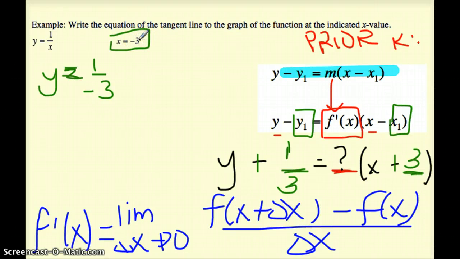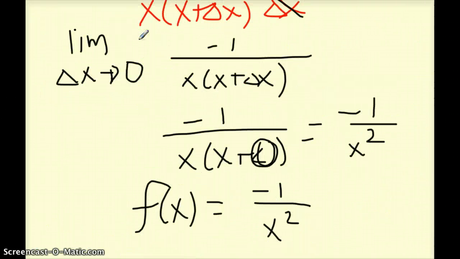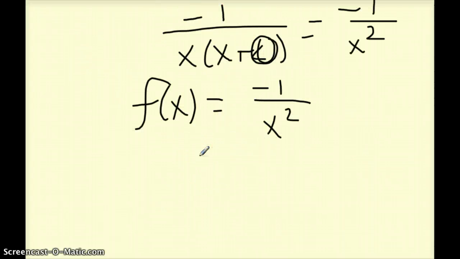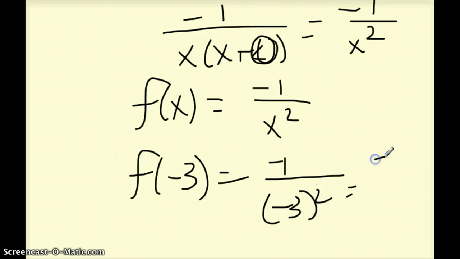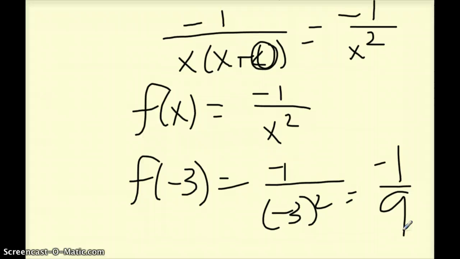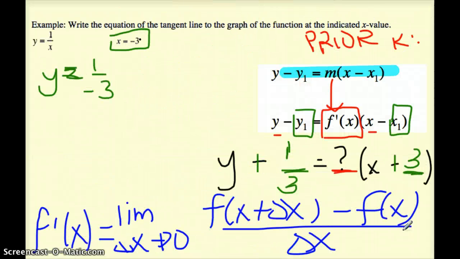I'm going to look at this when x is equal to negative 3. So I'm going to just finish this off and say f prime of negative 3 is equal to negative 1 over negative 3 squared, which gives us negative 1 over 9. So according to this, the slope needs to be negative 1 over 9, which I can then plug into the equation right here.